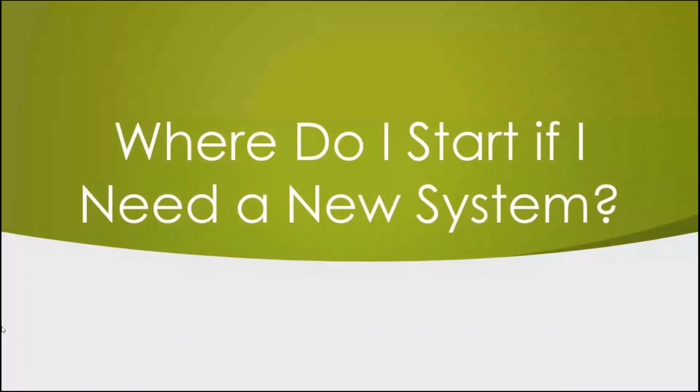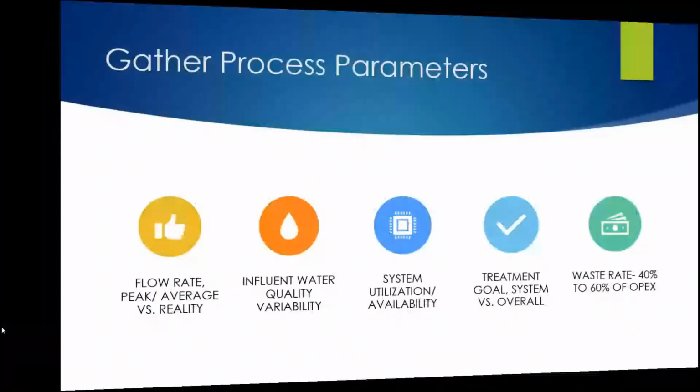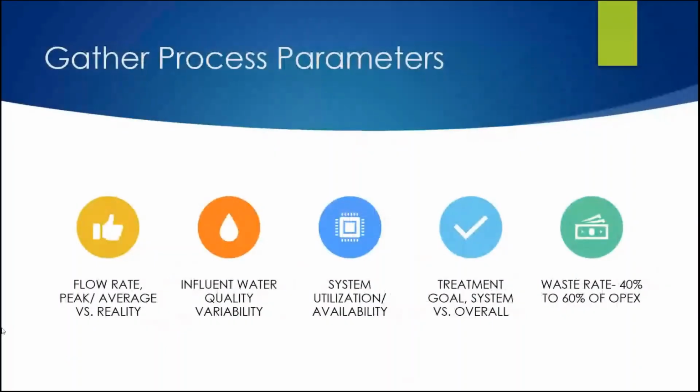Perhaps you have an older system and are looking to install a new ion exchange system. Where do you even start? Well, the first step is to provide all the process parameters, such as flow rates, feed water constituents, and desired treatment level.